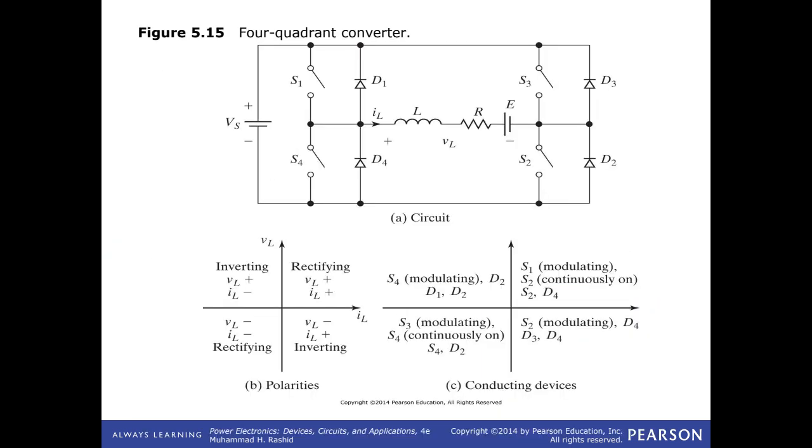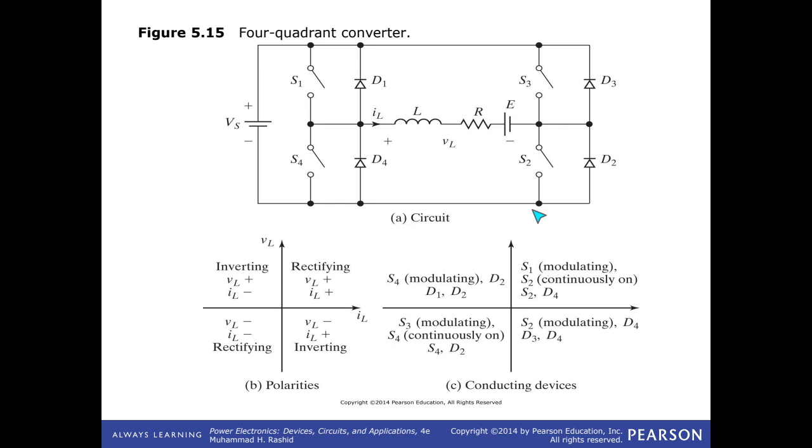You can see that this point here is A, and this point here is B, and these are the load terminals. Now if you run S1 switch on and S2 switch on, then current is going to flow like this, flow like that, and it's going to rise.